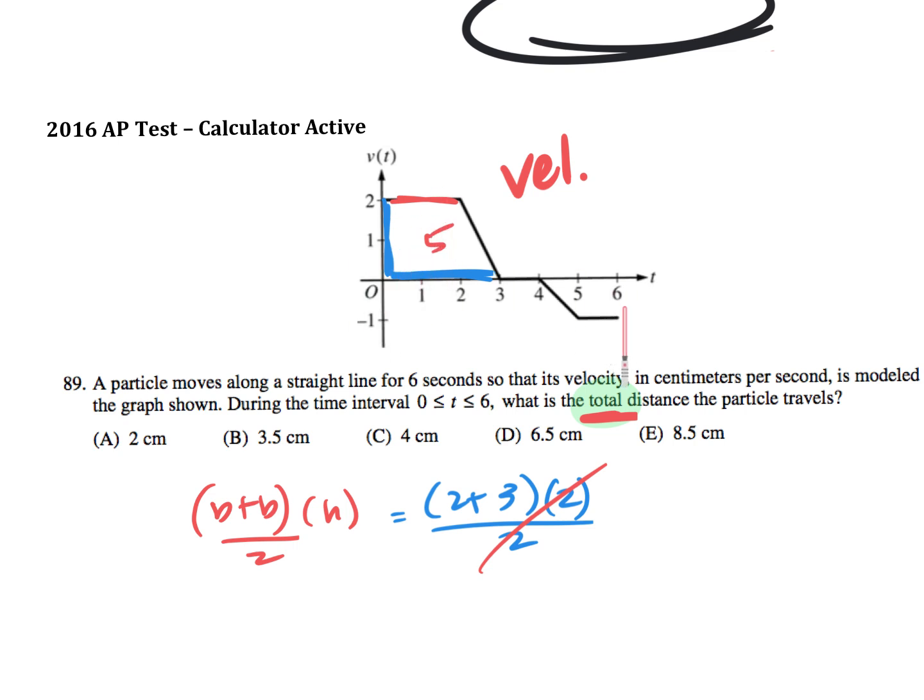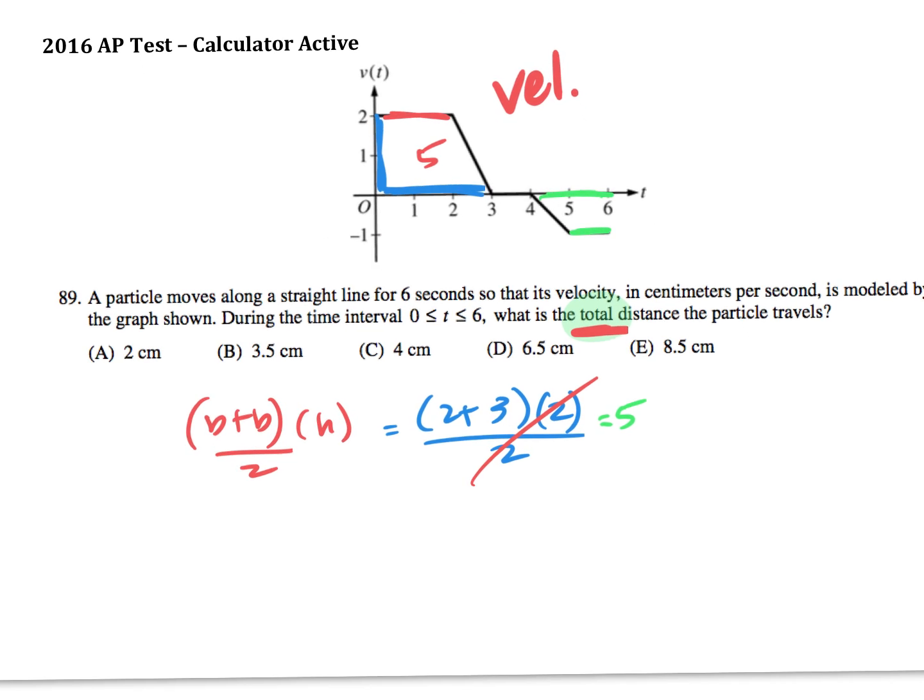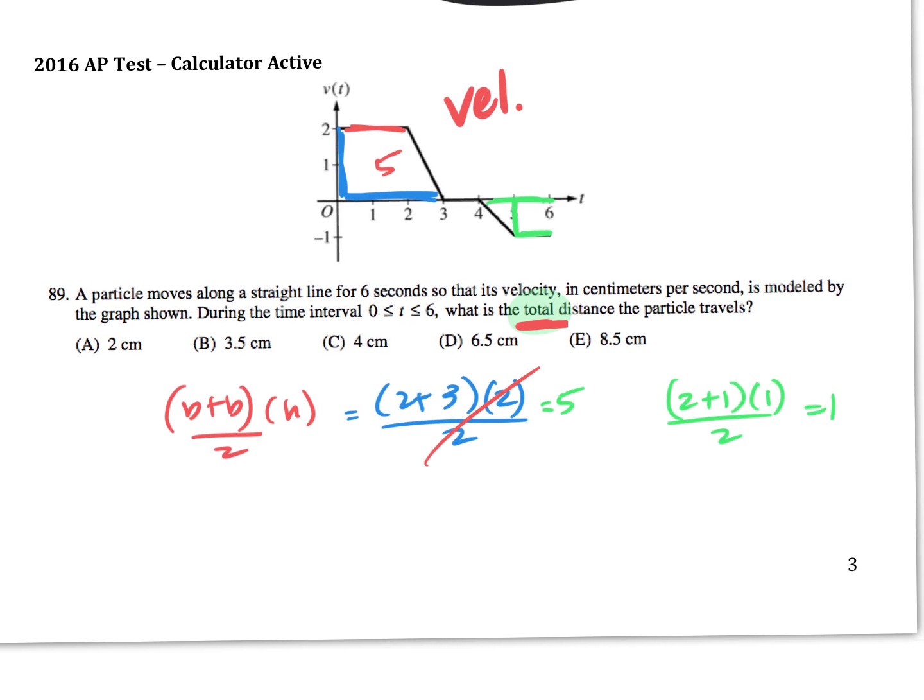Okay. The area of this cute little trapezoid, don't forget, it's just bases times height divided by 2. What are my 2 bases? 2 and 1, so I'd say 2 plus 1. My height is 1. Divide that by 2. We getting 1.5? Okay.